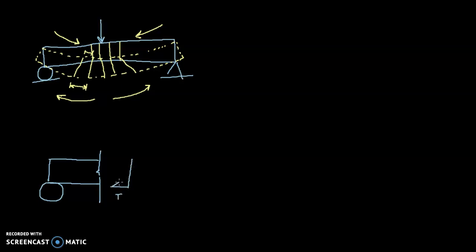And as we go higher up the cross-section of the beam, that tension gets less and less until we reach what's called the neutral axis of the beam, where there is no stress. So this is an invisible plane going through the center of the beam where there's neither compression nor tension stress.